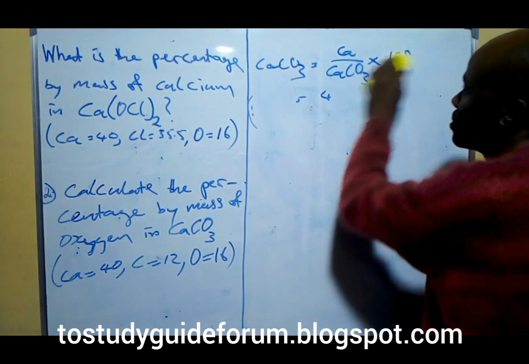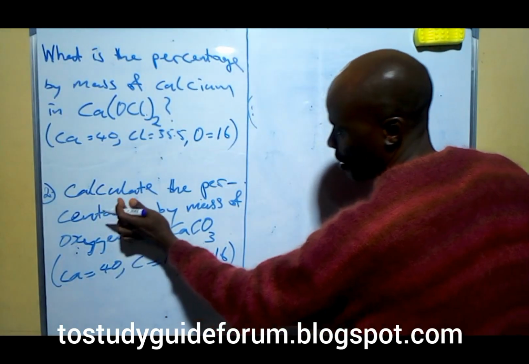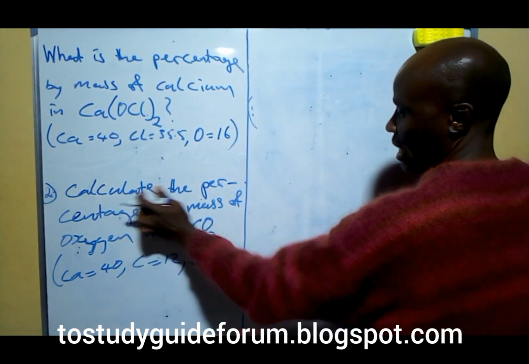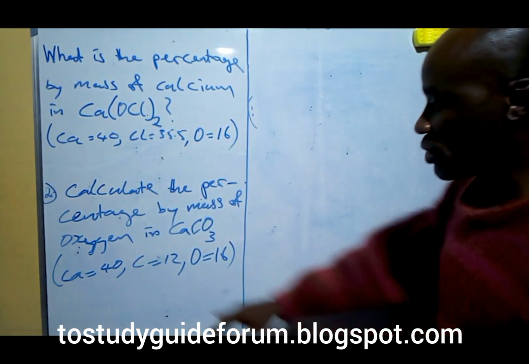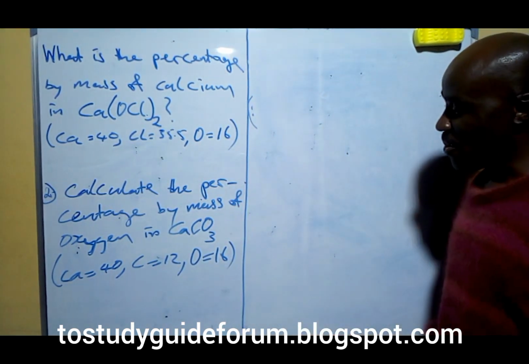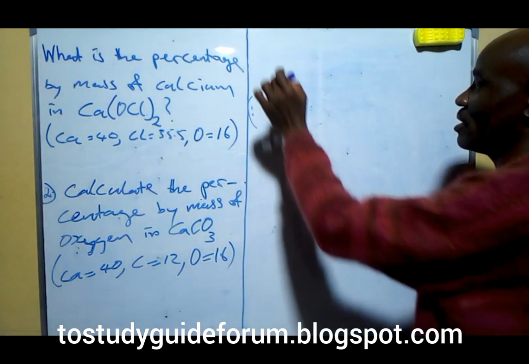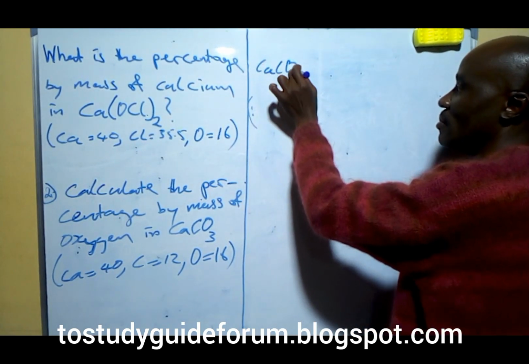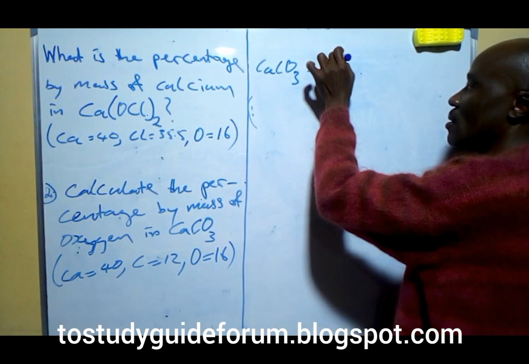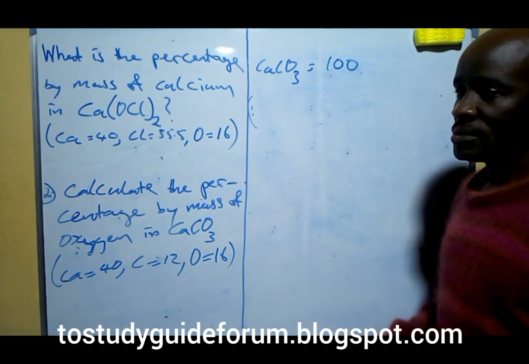We're looking for oxygen. To calculate the percentage of oxygen in calcium trioxocarbonate, what am I even thinking about? So what we have there should be calcium, in fact all of it is 100.